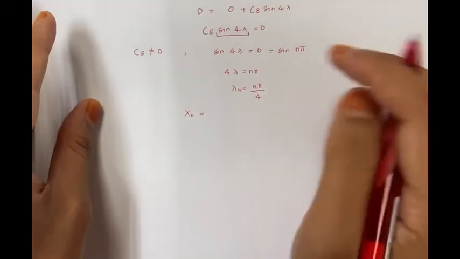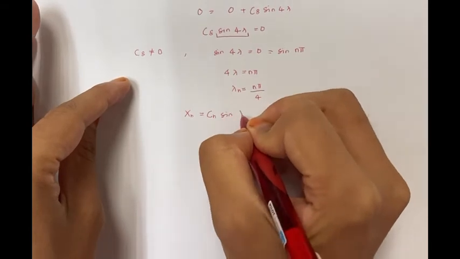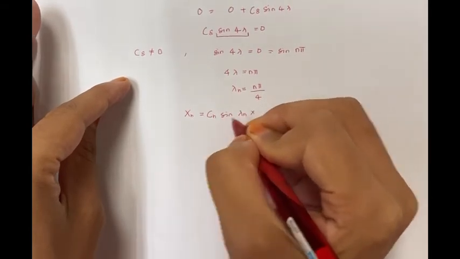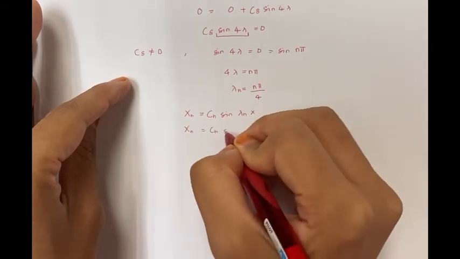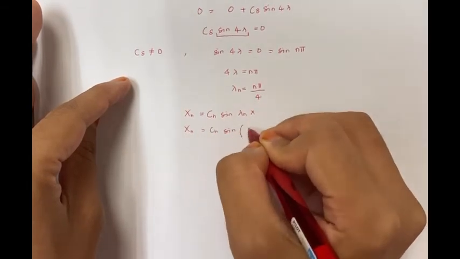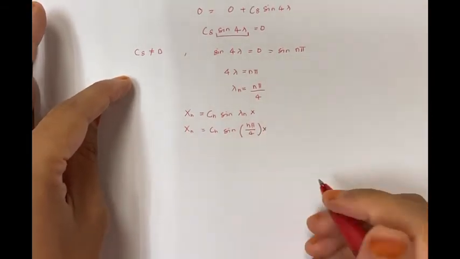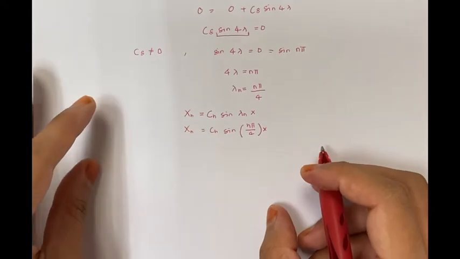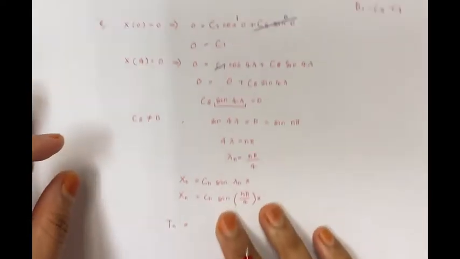So Xn is equal to Cn sin lambda n x. And then substitute your lambda n, so lambda n is n pi over 4, giving your general form of X. And then substitute into the general form of Tn.